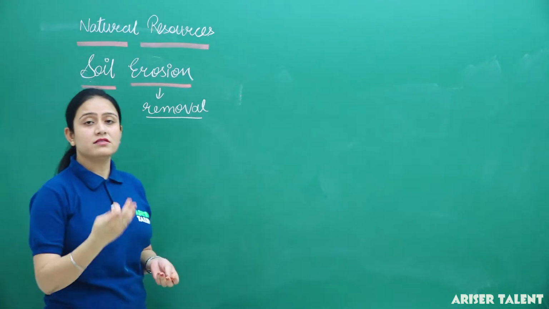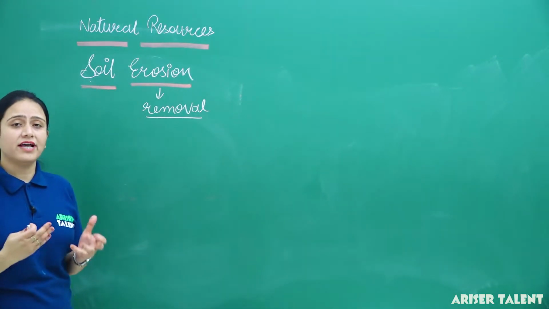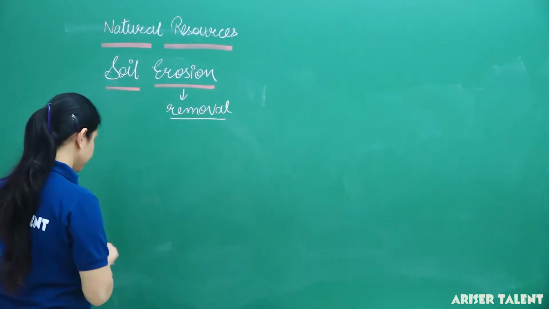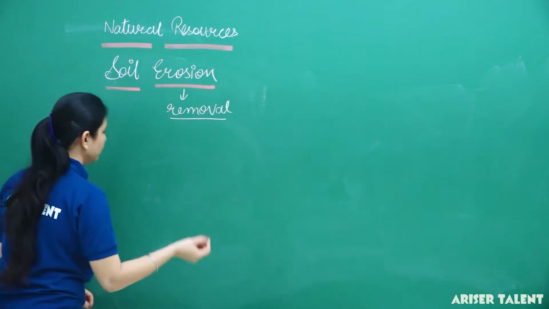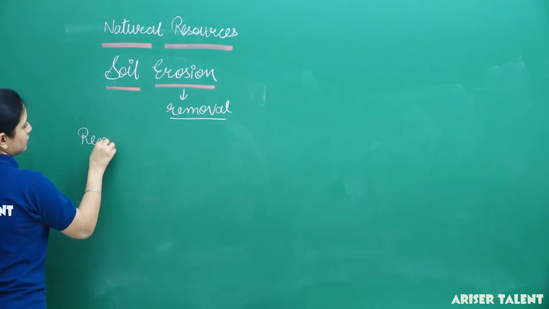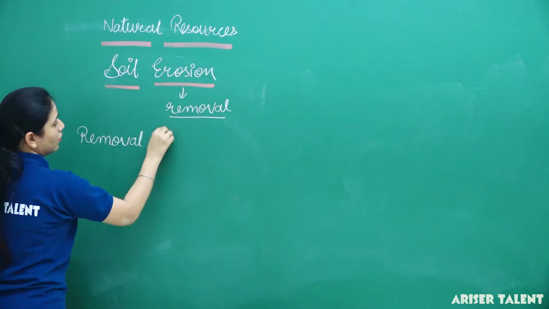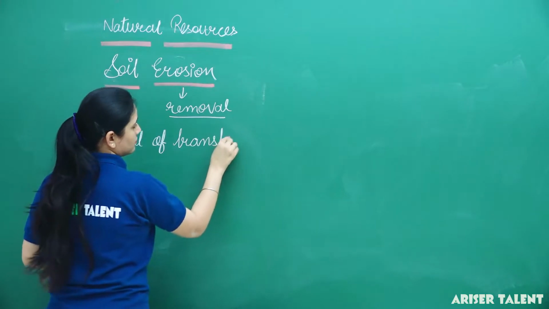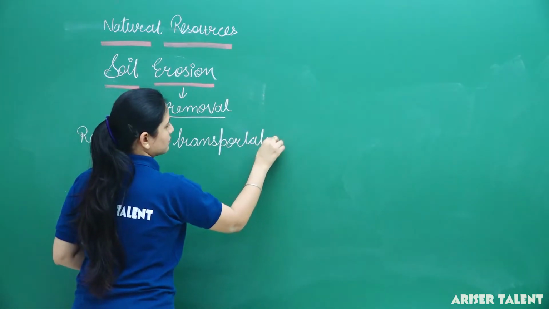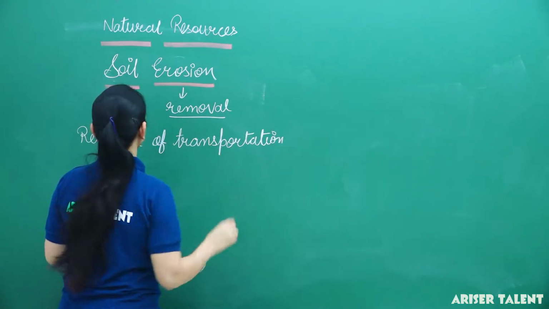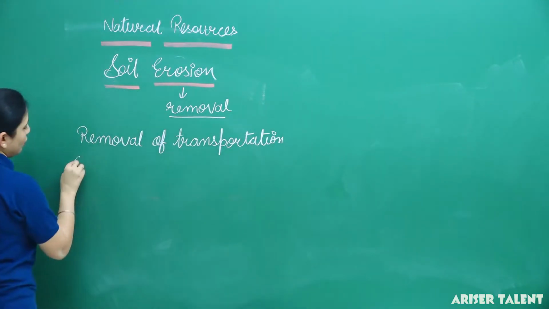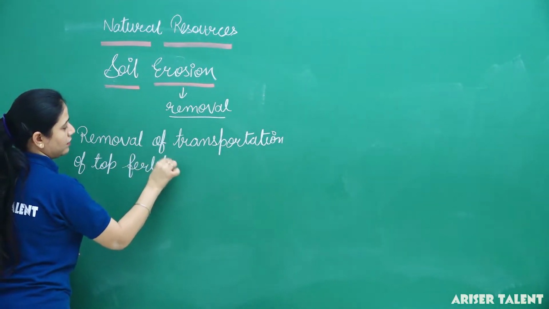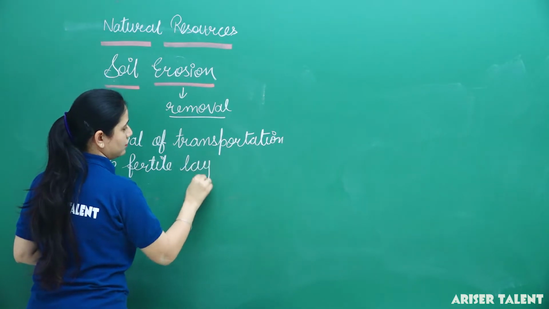Thus we can say removal of top fertile soil by the action of wind, rain, etc. is called soil erosion. Or we can say removal or transportation of the top fertile layer of soil.